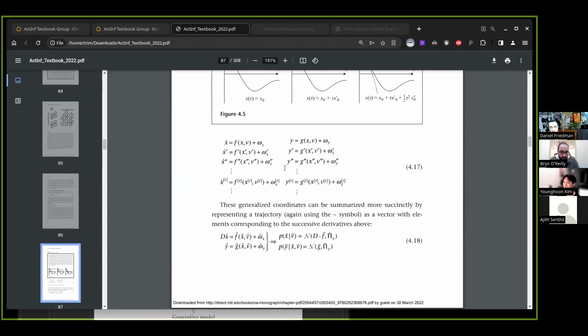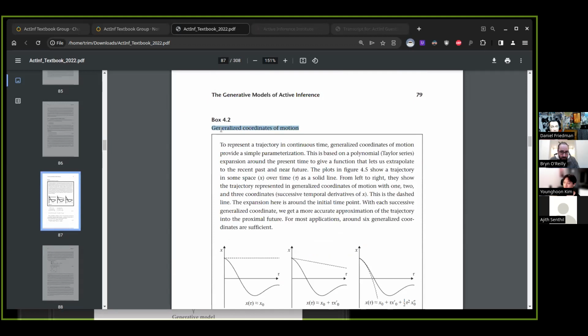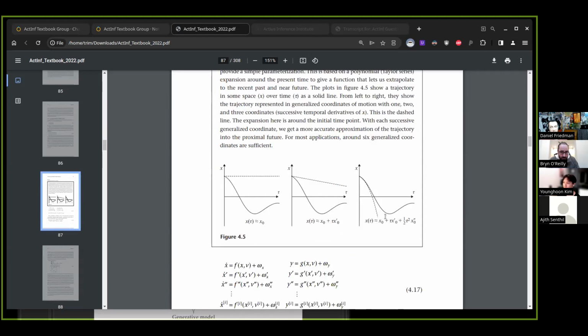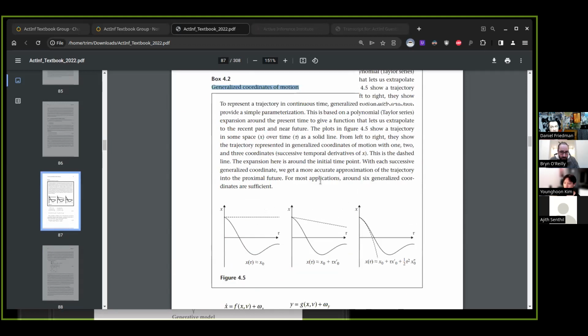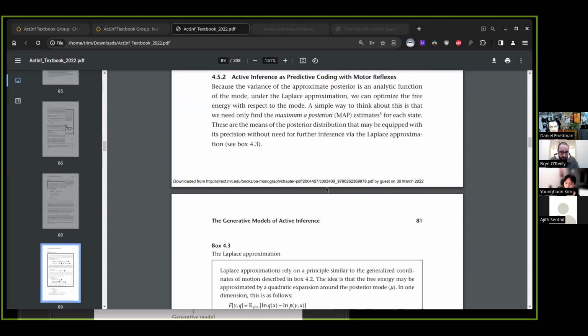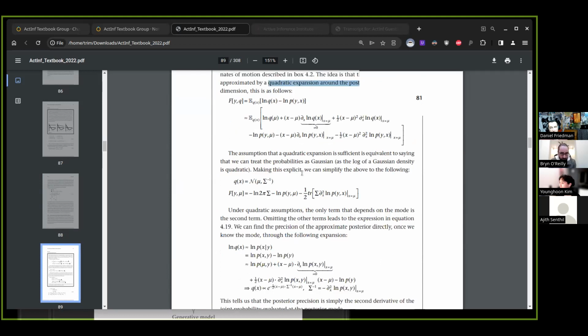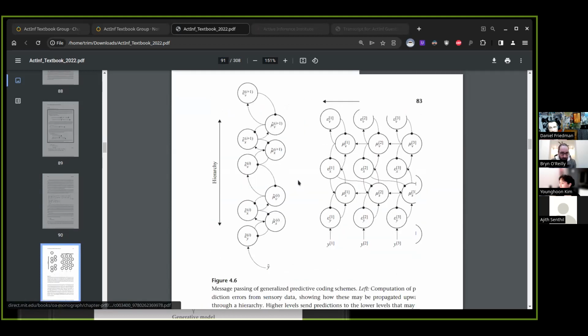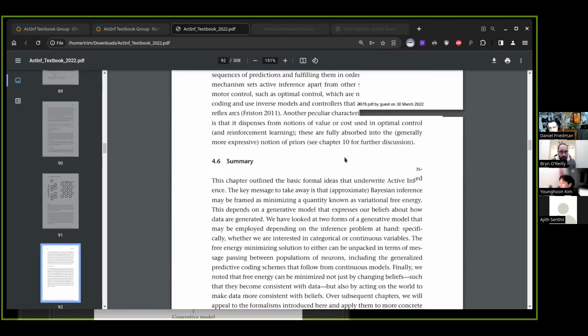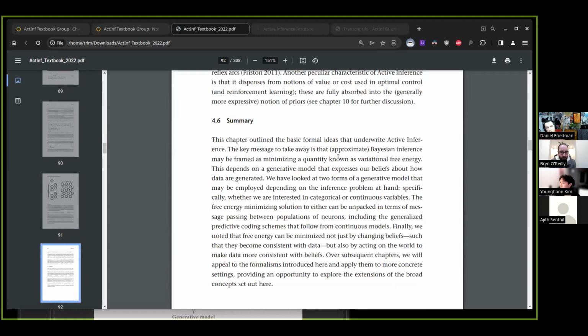Generalized coordinates of motion, and some visualizations about that, connecting it to Taylor series expansion. Laplace approximation, another tool in the toolbox to help approximate a given inference problem by using a quadratic expansion around the mode. More message passing. And that's the end of 4.